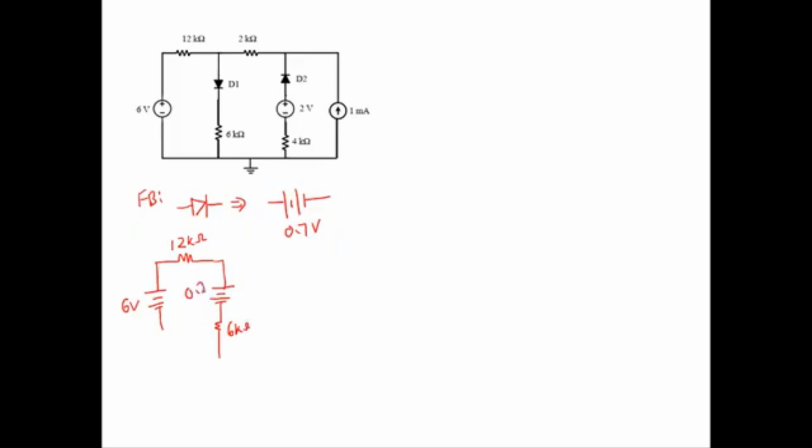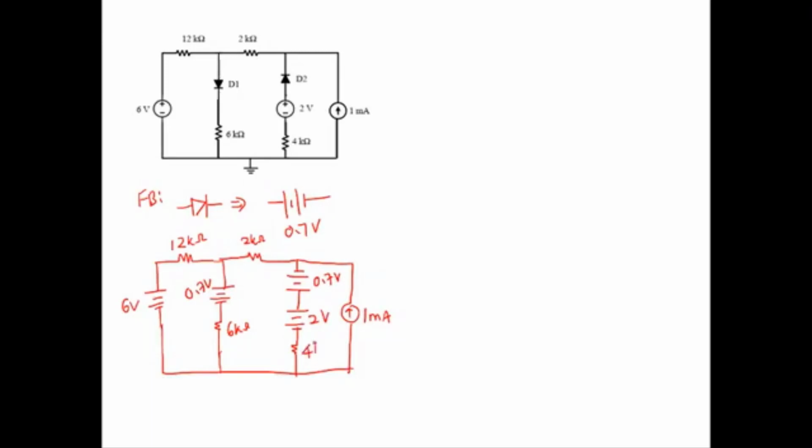Next you have 2 kilo ohm, and then 0.7 volt, this is 2 volt, this is a 1 milliampere current source, and this is 4 kilo ohm.